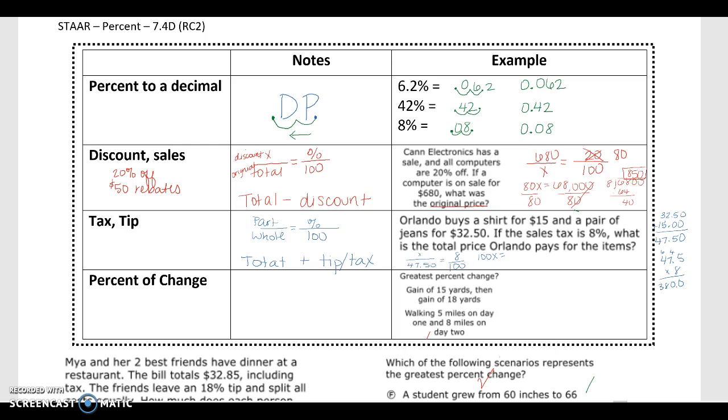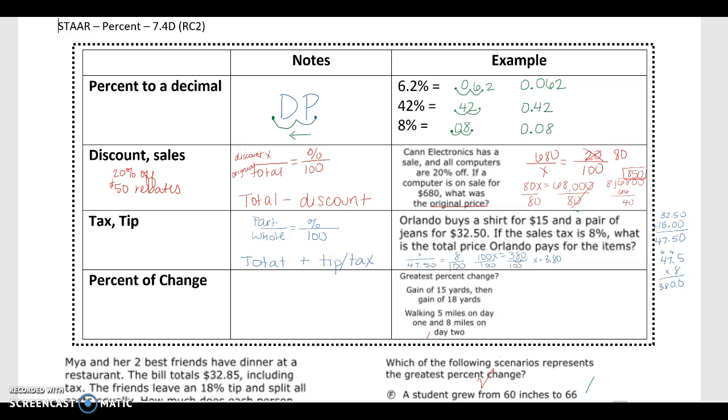One number to the right of the decimal. So 100x is 380. Divide by 100. Divide by 100. Move my decimal 2 places. So x is $3.80.